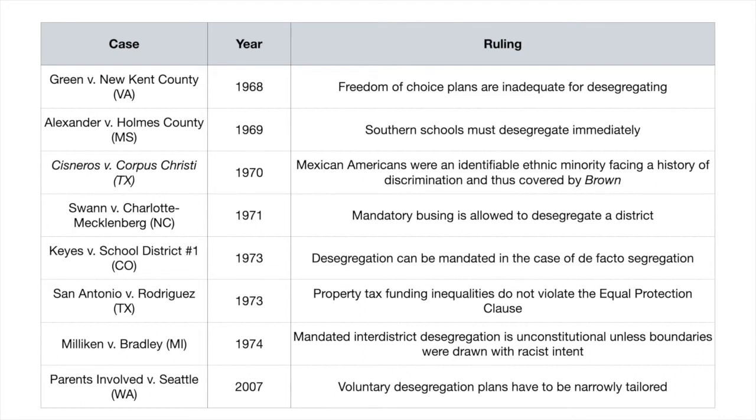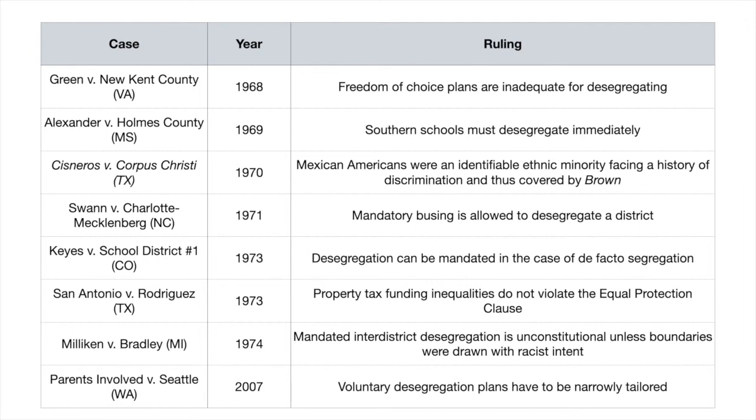But so in 1968, we have Green versus New Kent County in Virginia. So 14 years after Brown 1 was decided, the Supreme Court finally says, hey, South, the way you've been attempting to desegregate is inadequate. 14 years pass between Brown 1 and Green when the court finally says enough is enough. You need to get serious about this.